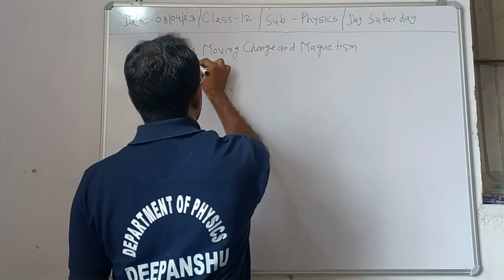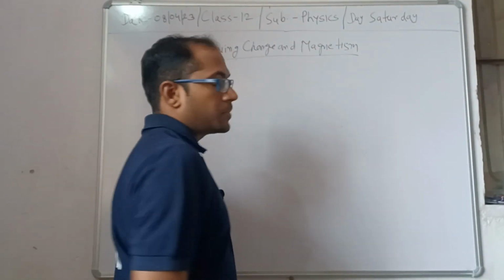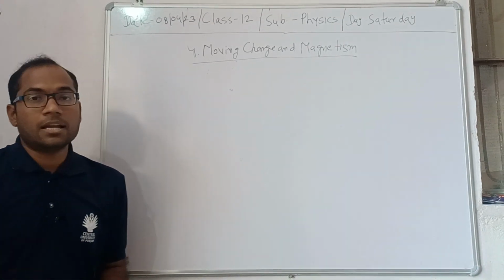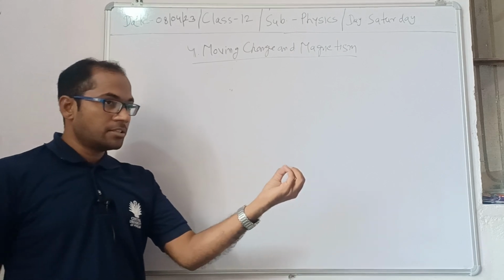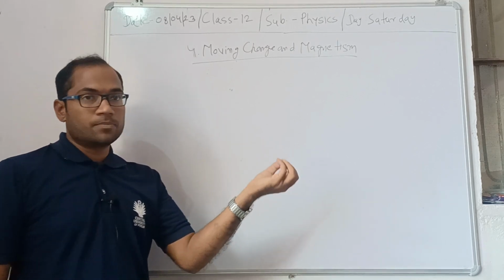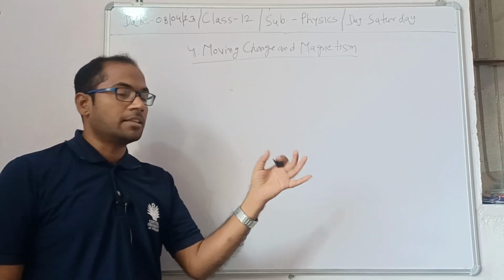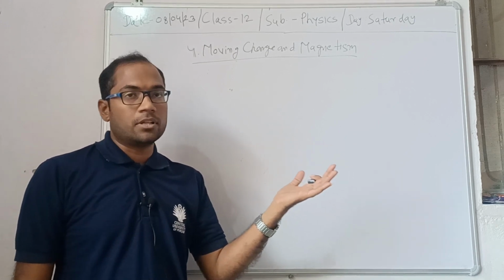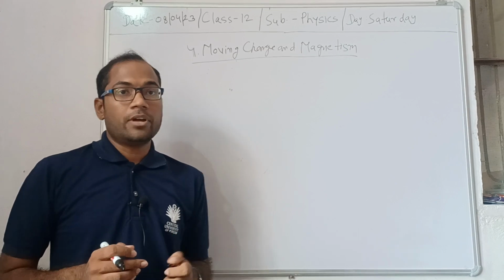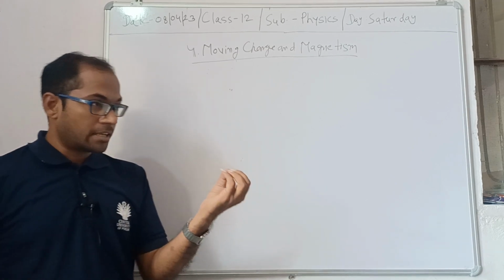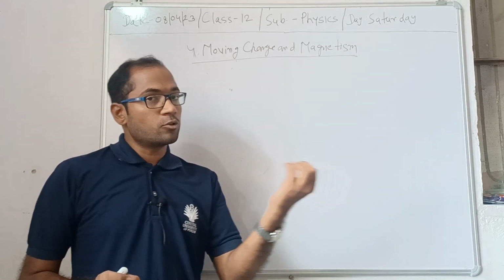Moving charge and magnetism. In chapters 1 and 2, we discussed only stationary charge, a charge at rest, and the force between charges, the electric field between charges, and many other properties in the previous two chapters. In chapter 3, we discussed current flow due to charge.